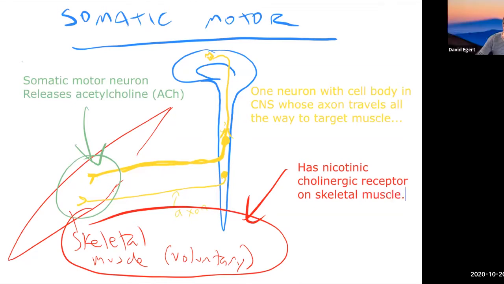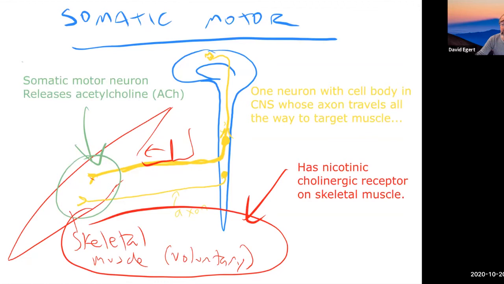So what does that tell us about that synapse, that neuromuscular junction, if we know that it has cholinergic receptors? It's always excitatory. So when you fire off an action potential down a somatic motor neuron, it's always going to make the muscle twitch, contract.